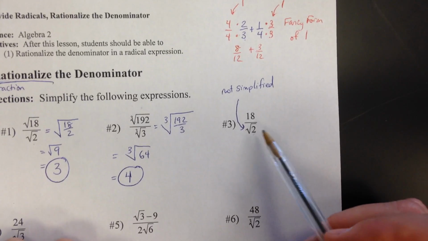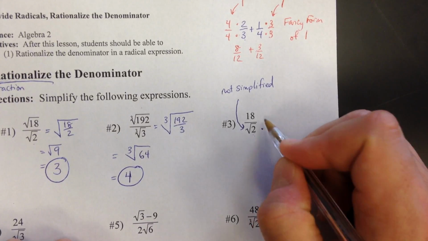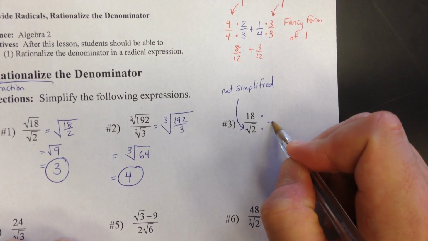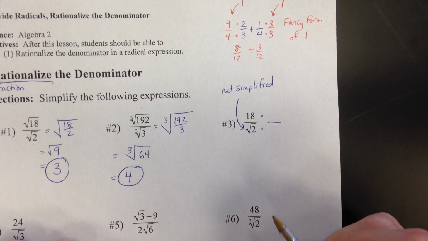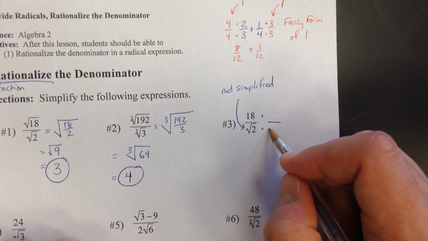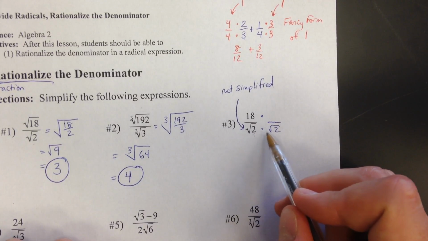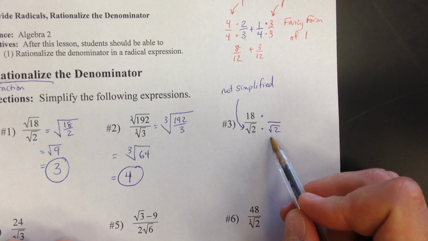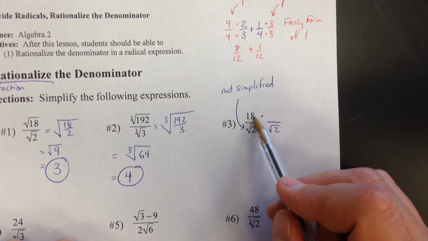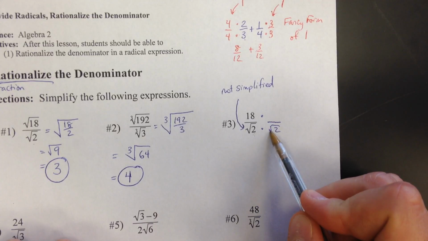So what we're going to do here is try to get rid of this square root. We're going to multiply the top and the bottom by the same thing. Now we learned in the last lesson that if you take a square root and multiply it by itself, like the square root of 2 times the square root of 2, this becomes the square root of 4, which is just 2. Now with a fraction, I can't just change the bottom.